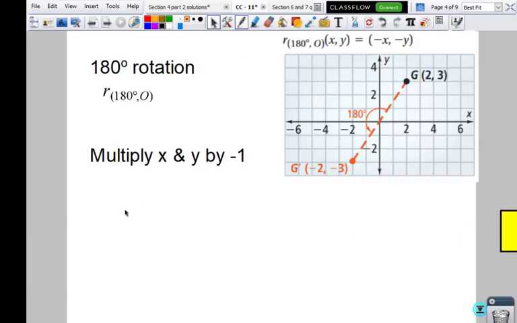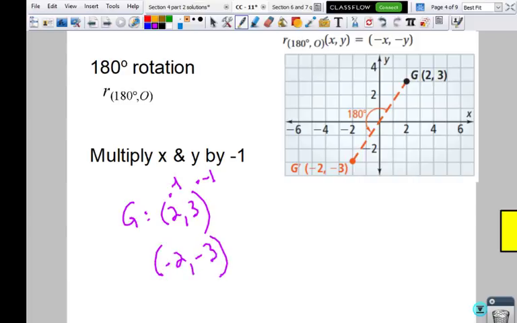So if I'm going to rotate G, which is at 2, 3, 180 degrees, all I'm going to do is multiply by -1, multiply by -1, and I'm going to get -2, -3. And then, I'll give you a second to get it still.